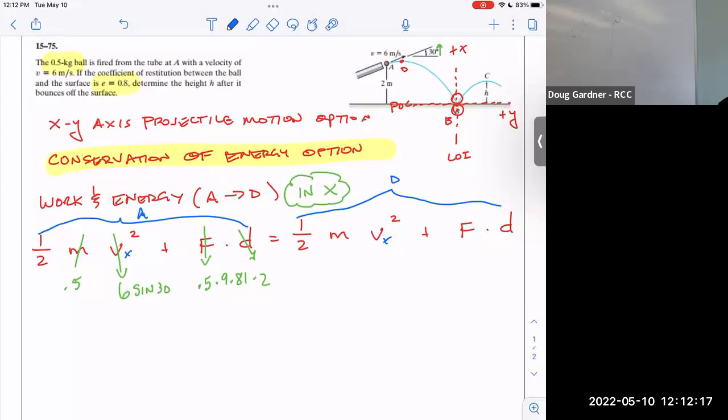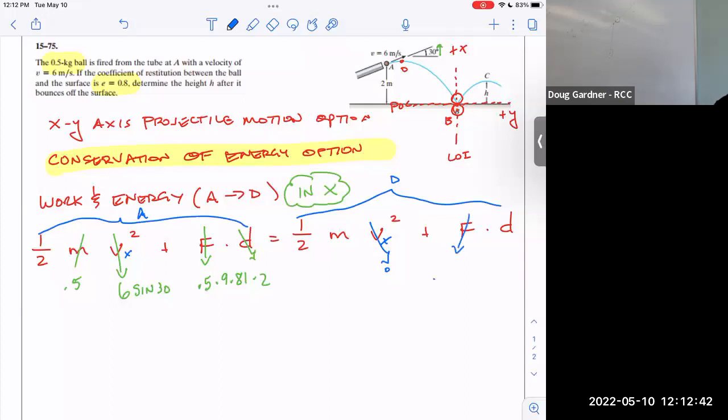Is it zero or not zero? It is 0. Oh, yeah, because when it gets to the top, it's not moving up or down, is it? So actually at that D location, this is 0. It's like our Y, yeah.